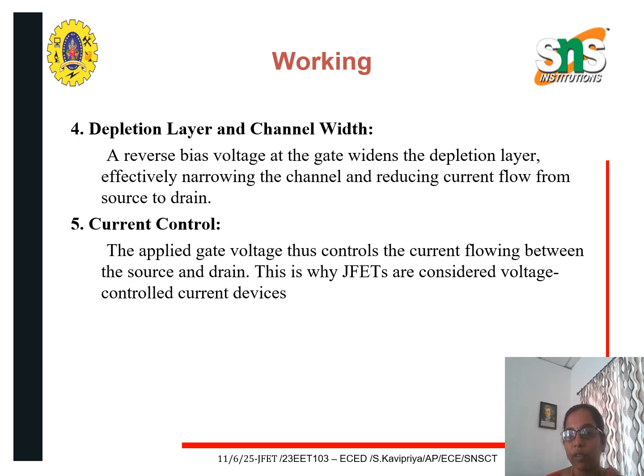The applied reverse bias voltage will widen the depletion layer, and thereby narrow the channel. Once the channel is narrowed, it reduces the current flow between the source and the drain. The applied gate voltage controls the current flow, hence we call this JFET a voltage control device.